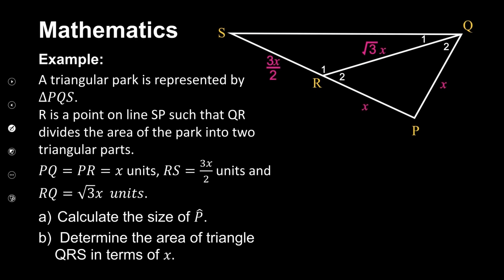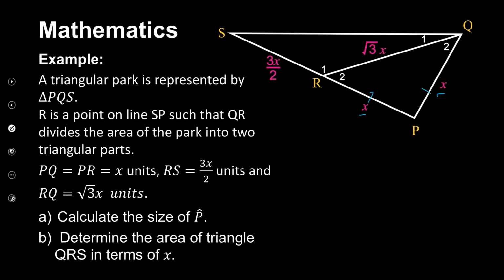Okay, let's go to our next example. In this example, we've got a triangular park, represented by PQS. R is a point on a line SP such that QR divides the area of the park into two triangular parks. PQ is equal to PR, which is equal to X. So those two are both X, meaning those two lines are equal.